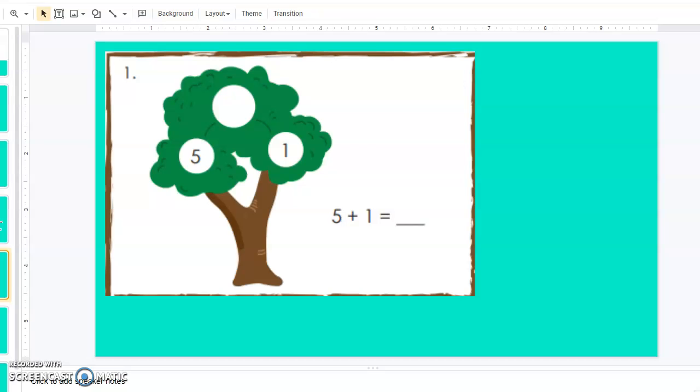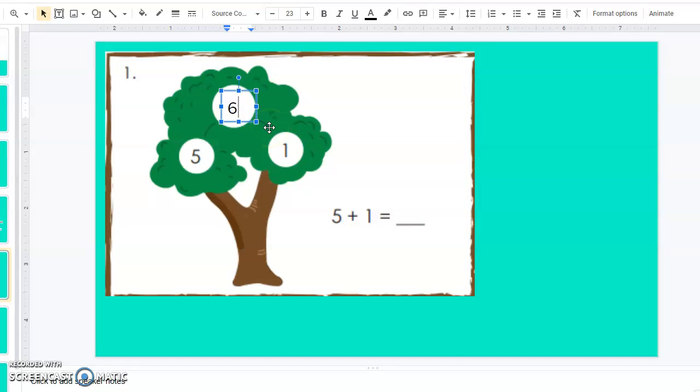So here in this first one, we have our tree, which is representing a number bond. So it's saying our small parts are 5 and 1. So we're going to be adding 5 plus 1 to make the whole number 6.